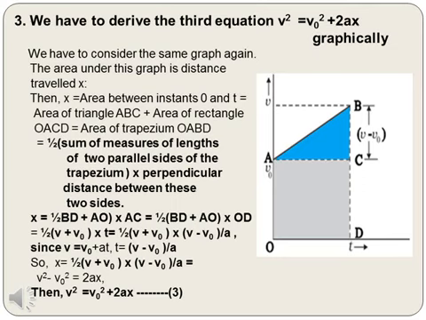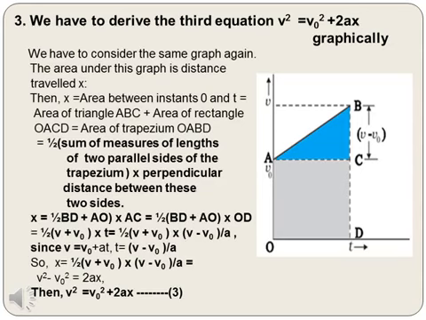Then x is equal to 1 by 2 into (BD plus AO) into AC. You know that the area of a trapezium is equal to 1 by 2 into the sum of the lengths of the two parallel sides into the perpendicular distance between these two parallel sides.